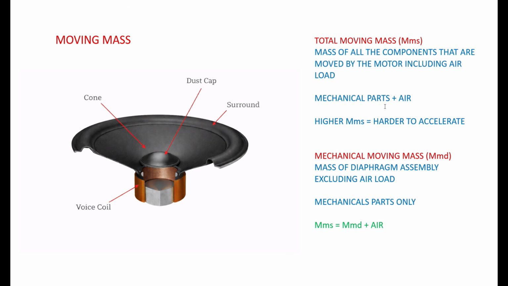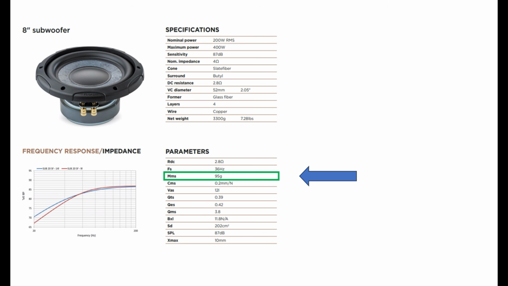So if you want to find out how much air is related to the moving mass, then find the MMD value and subtract it from that, and that will tell you how much air is making up the system's MMS. Now, once again, it's usually difficult to find the MMD. Some manufacturers list it. In this case, we're looking at this little 8-inch subwoofer, and it has a moving mass of 95 grams. All right, so that is speaker cones.